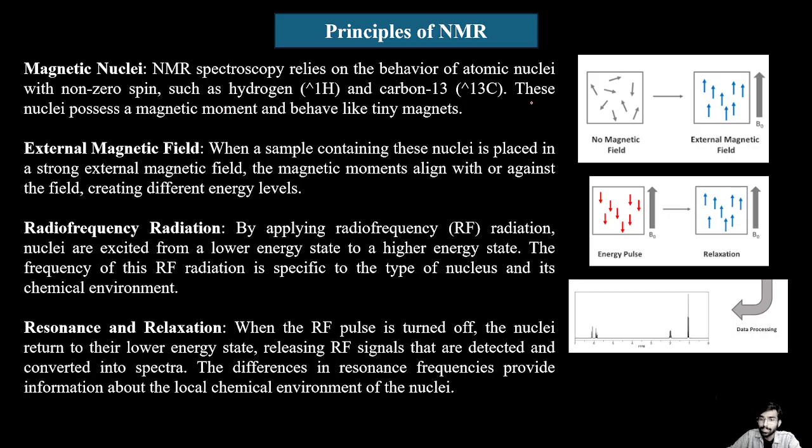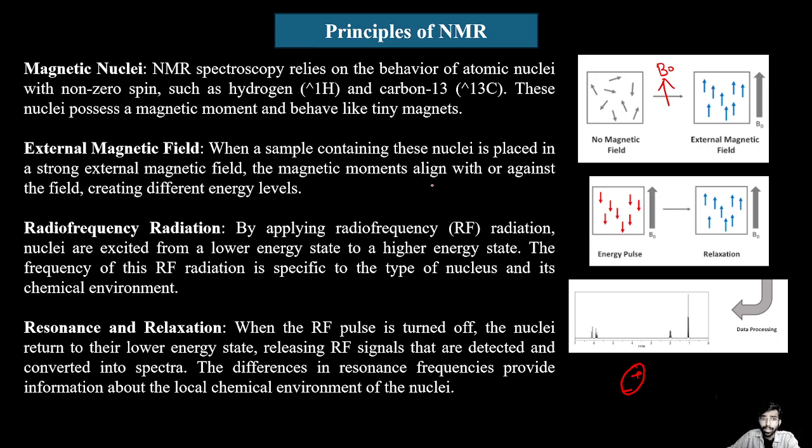And in general, if you see a nucleus, there are also plus and minus charges, right? So that will behave as a tiny magnet. In general these tiny magnets are not properly arranged, they are not aligned. But whenever you give some external magnetic field B0, they will align themselves in a specific direction.